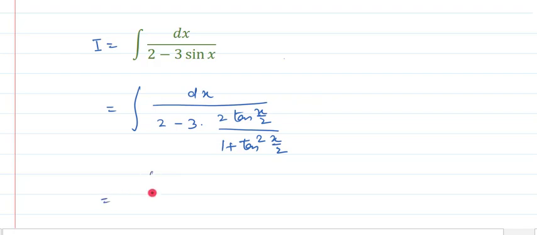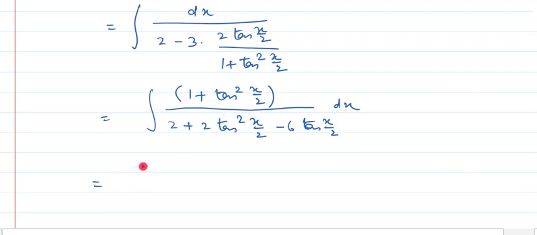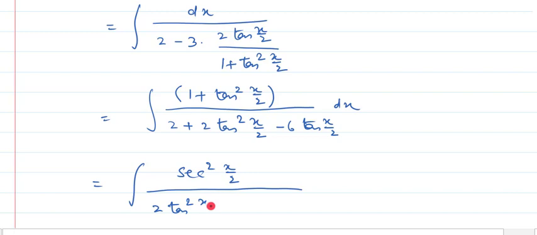Taking LCM, so we are getting 1 plus tan square x upon 2 in the numerator, and in the denominator 2 plus 2 tan square x upon 2 minus 6 tan x upon 2 dx. Now numerator can be written as secant square x upon 2 upon, denominator is having 2 tan square x upon 2 minus 6 tan x upon 2 and plus 2 dx.